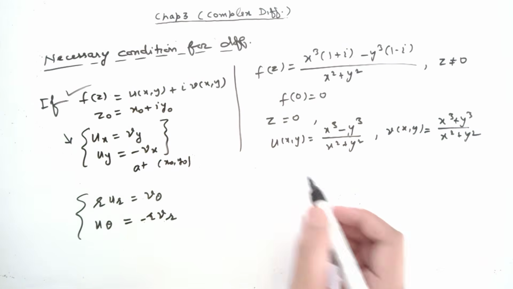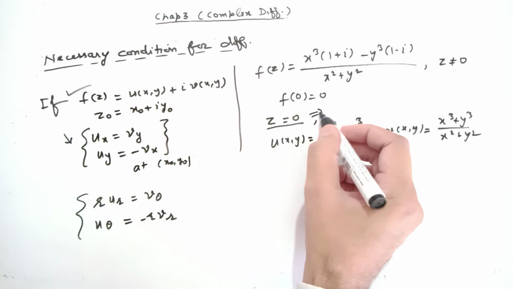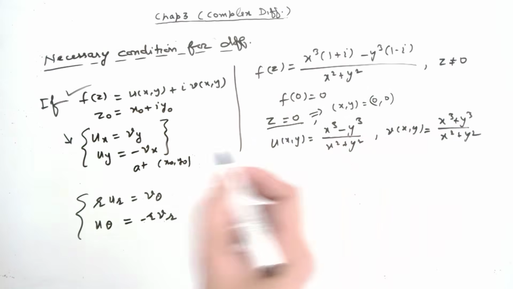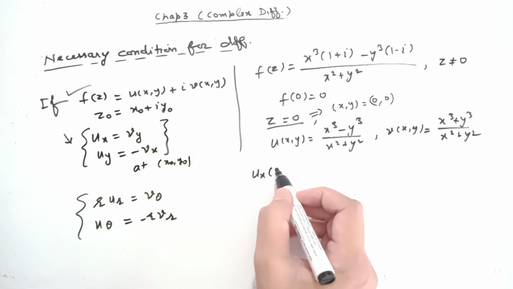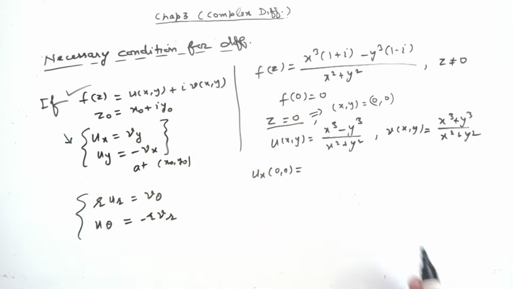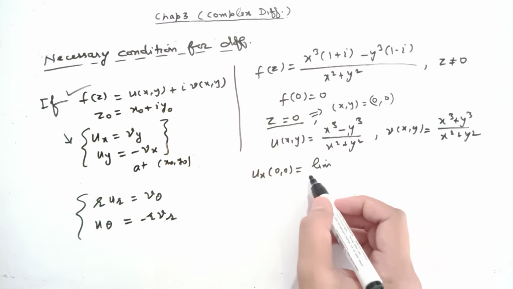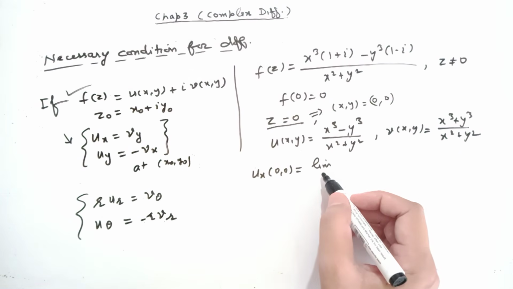Now for verifying CR equations at z equal to 0, that means x and y both are 0. So at (0,0) you need to find these four partial derivatives. Let's first write ux at (0,0). Hope you recall the limit definition of partial differentiation.